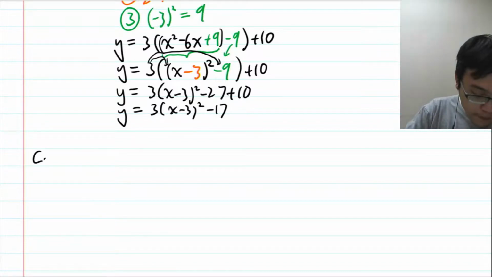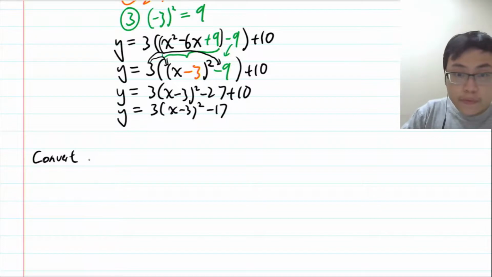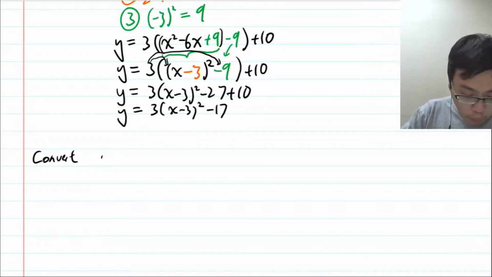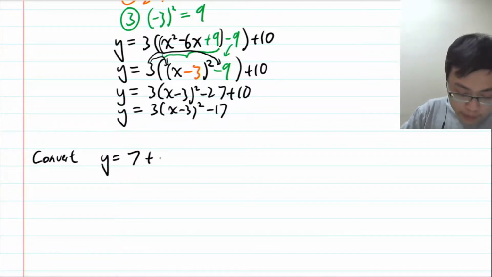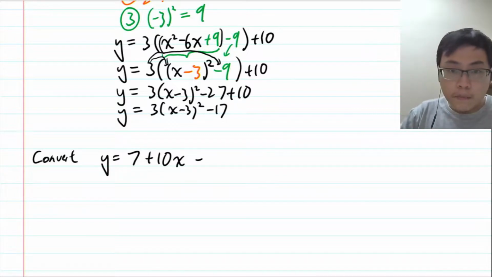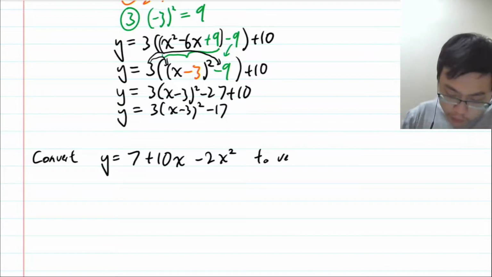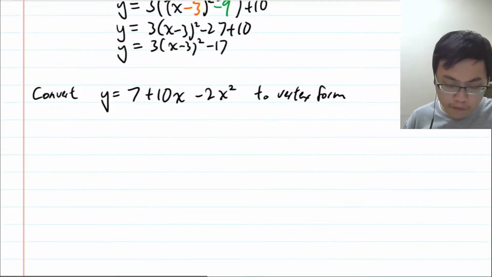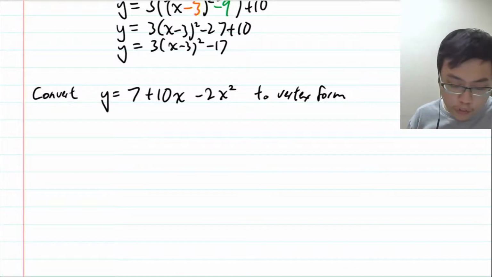So here, convert y equals 7 plus 10x minus 2x squared to vertex form. Okay, this is the same as the one in the book.